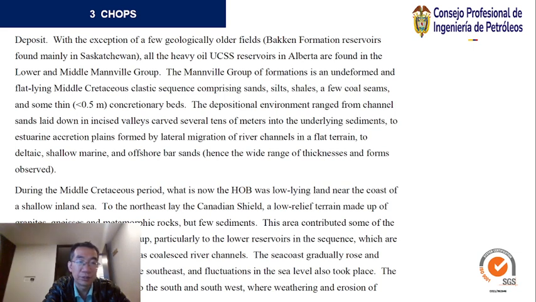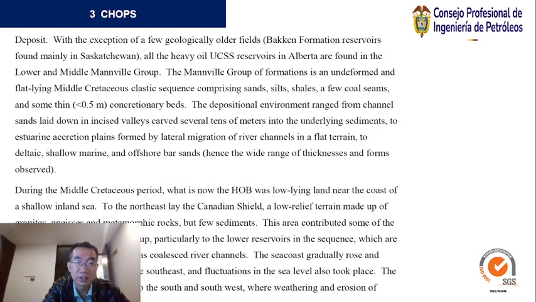During the Middle Cretaceous period, what is now the HOB was low-lying land near the coast of a shallow inland sea.